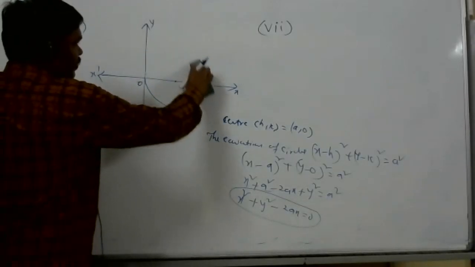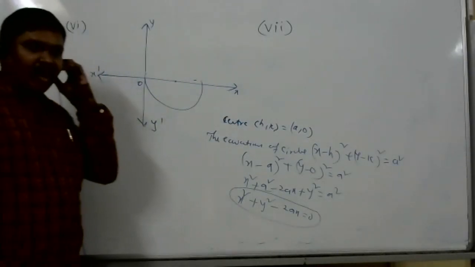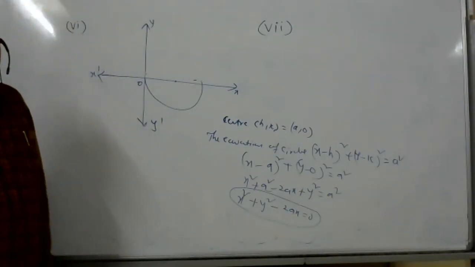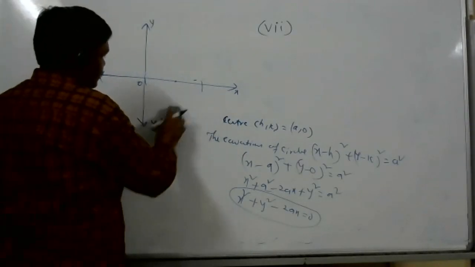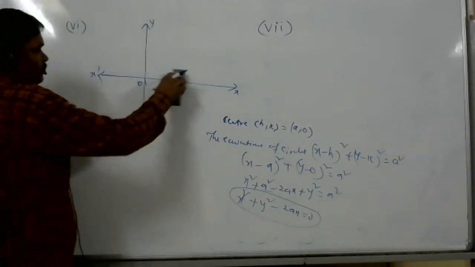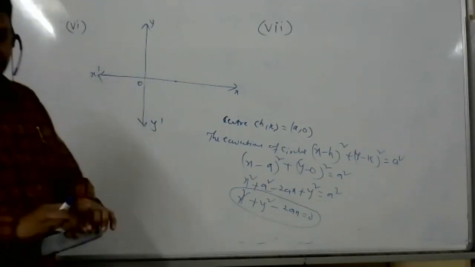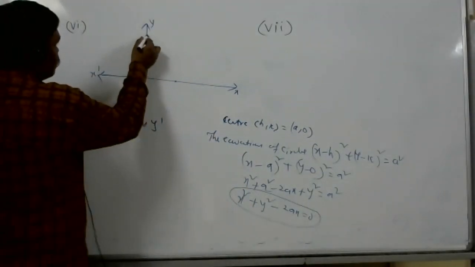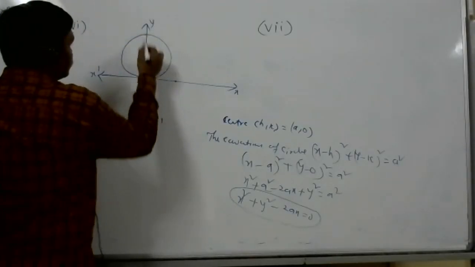When the circle passes through the origin and the center lies on x-axis. Sixth one. Seventh one, center lies on y-axis. Here it is the same thing.